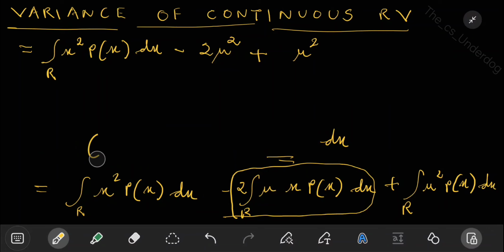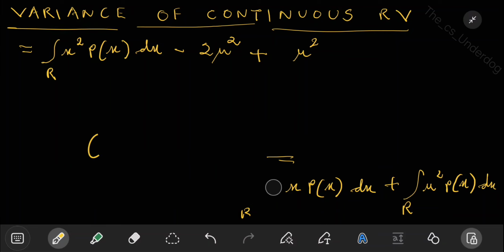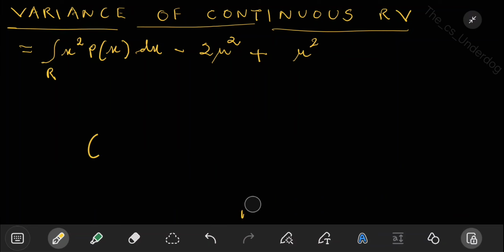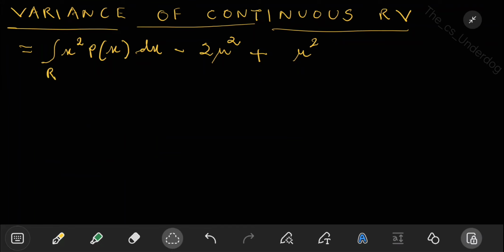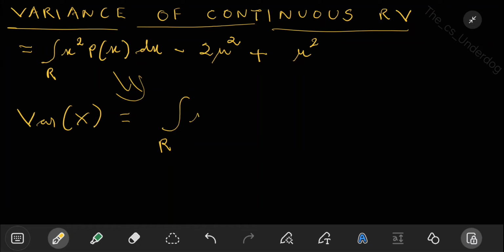So if I simplify this, let me erase all these. So variance of X, where X is a continuous random variable, is equal to, I'm just copying these things here, over the range R, x square into p of x dx minus 2 mu square plus mu square. That will become minus mu square.